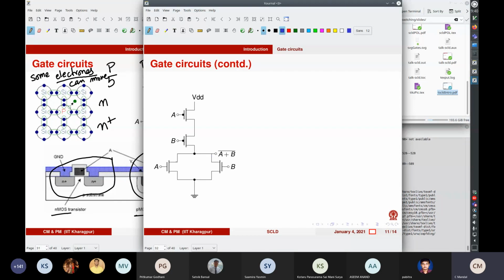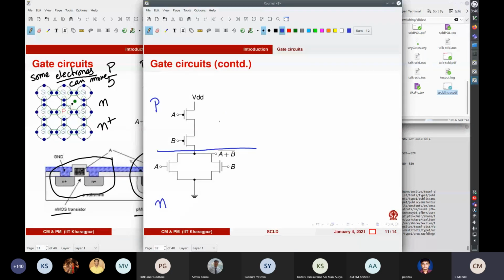So let us see what is happening over here. You have two transistors in parallel. If you just notice carefully, these are all N-type transistors here and all P-type transistors here.